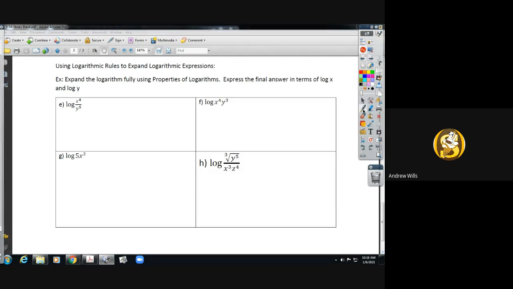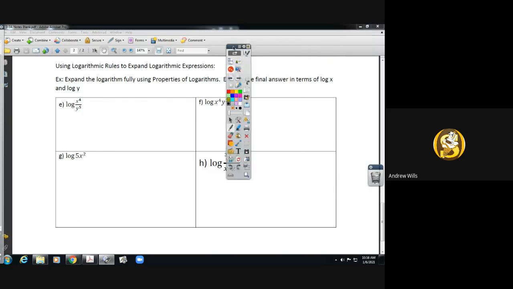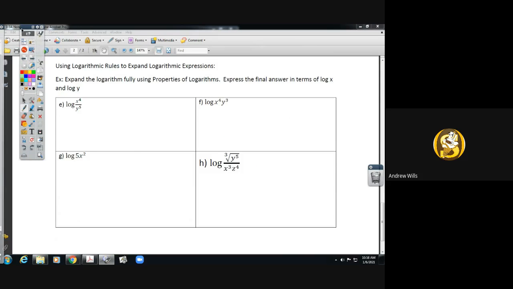Okay, so just for reference sake, again, we've got our 3 logarithm rules. We've got our product rule, which says that we can combine them using multiplication. We have our quotient rule.